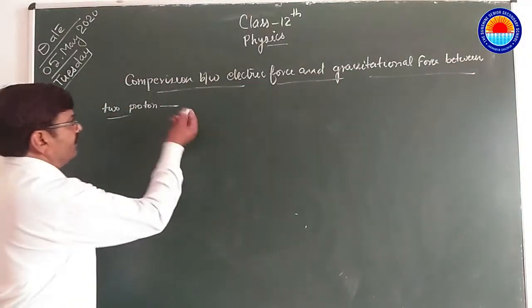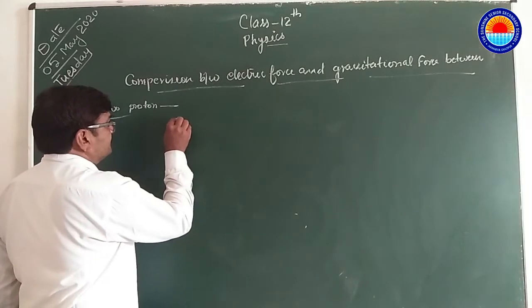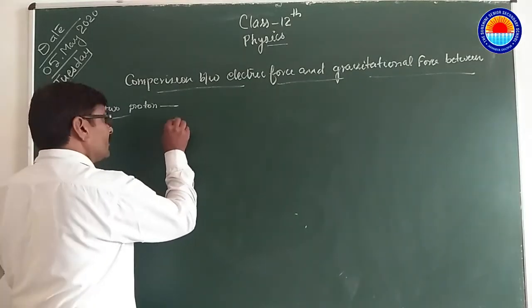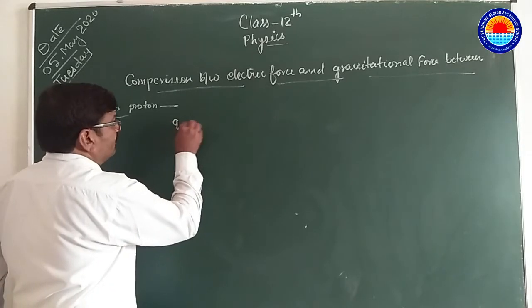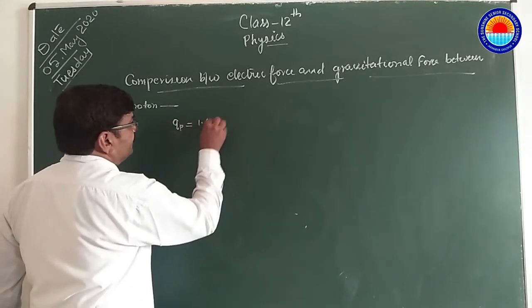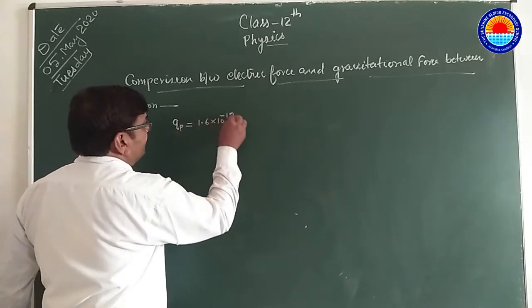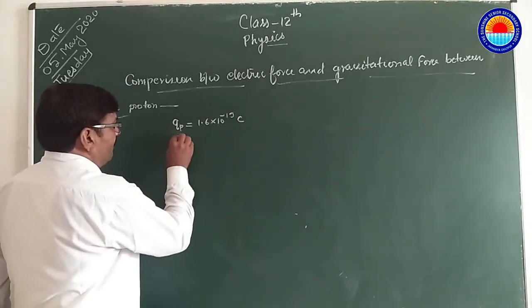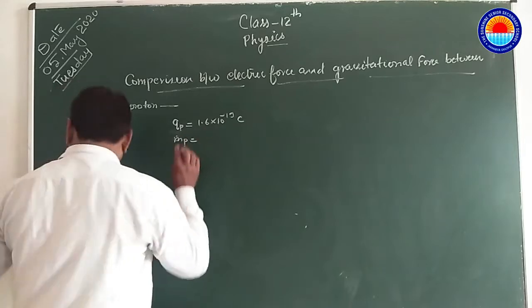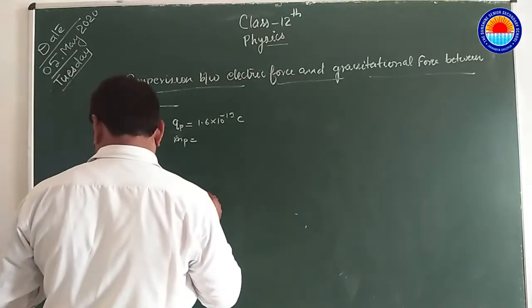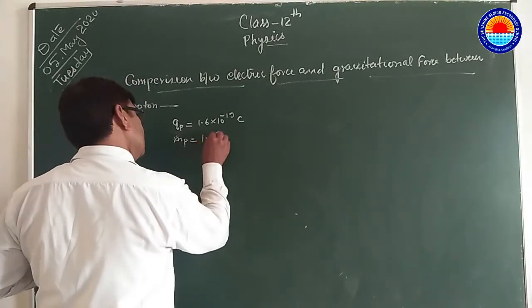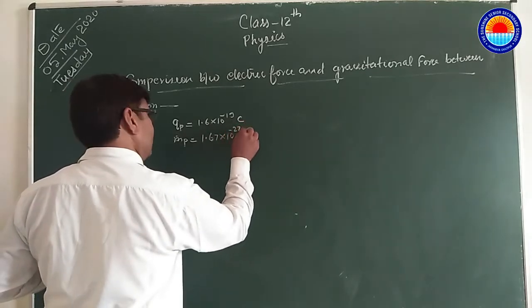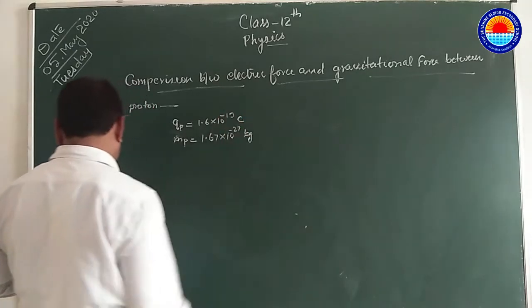Suppose the charge of a proton is equal to 1.6 into 10 to the power minus 19 Coulomb, and the mass of a proton is 1.67 into 10 to the power minus 27 kilogram.